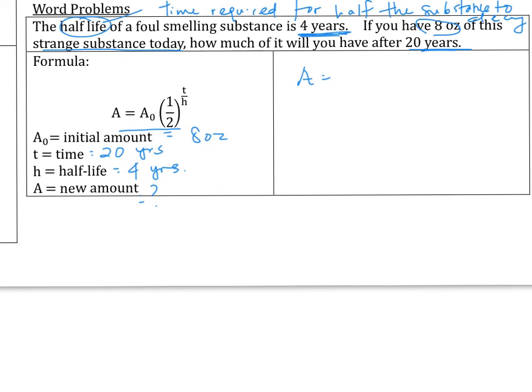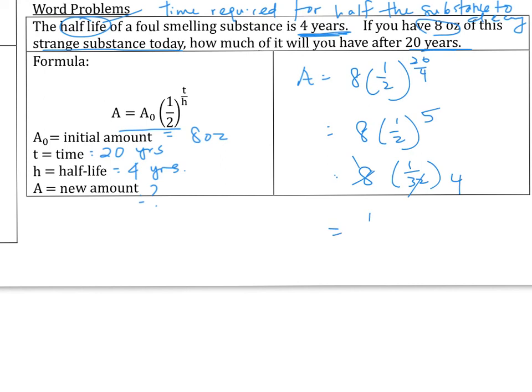So A0 will be 8, and then times half to the 20 divided by 4. So after 20 years, with a half-life of 4 years, you'll end up with a 1/4 ounce of this strange substance. Okay, and this concludes the lesson.